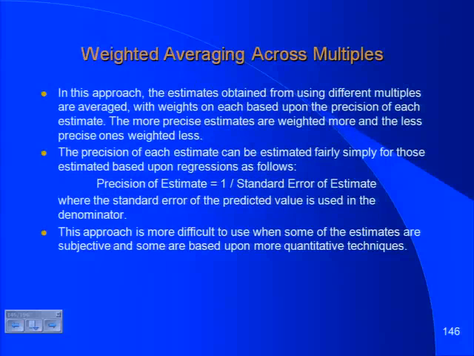So, a slightly more sophisticated way, let's think about taking a weighted average. As I said, you'd like the weights to reflect the precision of each number, right? You have 9 different multiples, 9 different values. You want the values that are more precise to be weighted more than the values that are less precise. And here's a way you can come up with it. If you've used regressions for each of the 9 multiples to come up with predicted values, those regressions came with R squares, right?